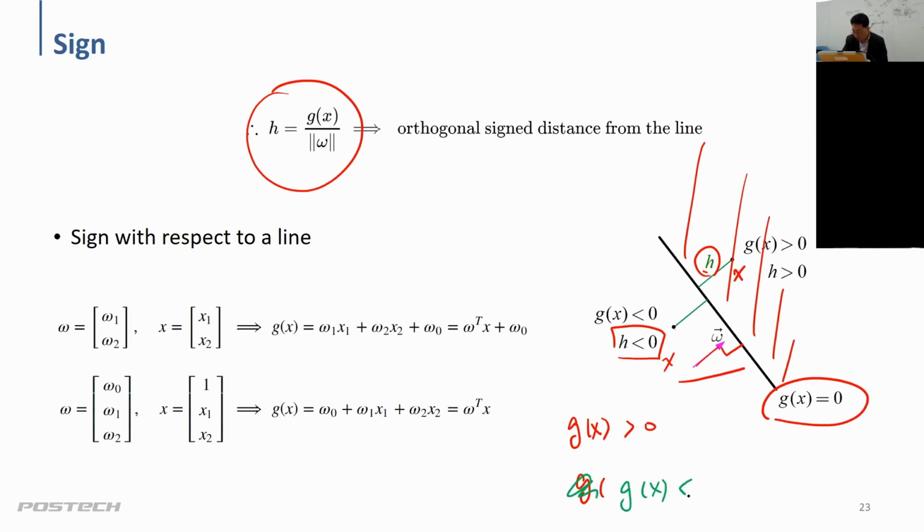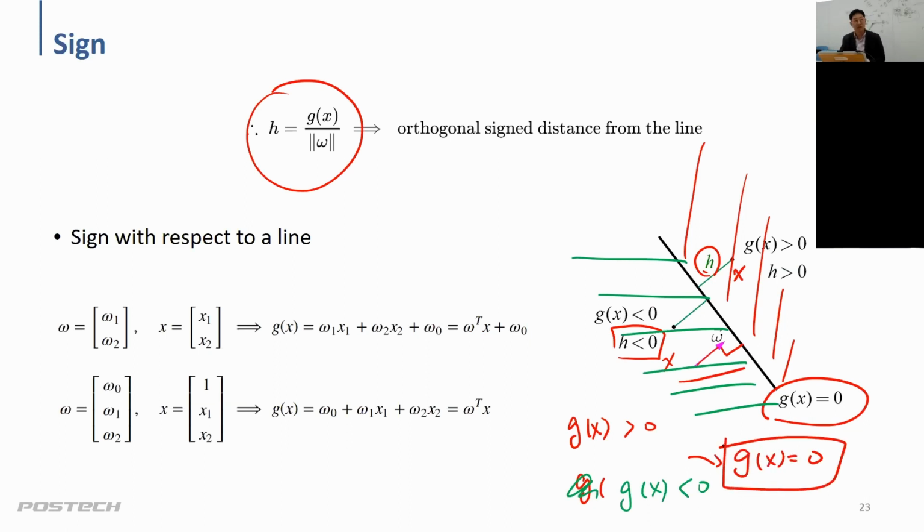G of X negative, it will be like that. And here is, this is the linear boundary to separate, to divide the 2D space into half and half. Yeah.